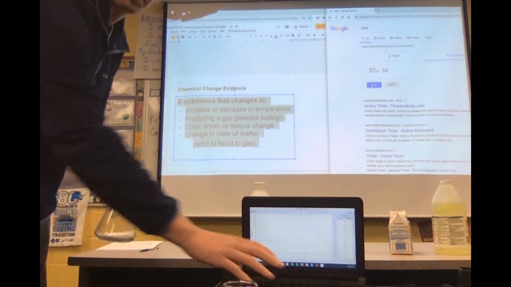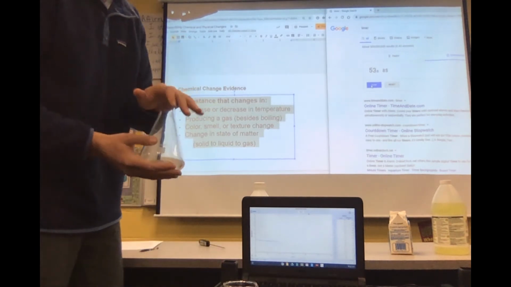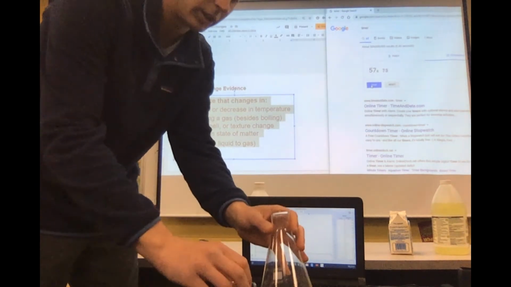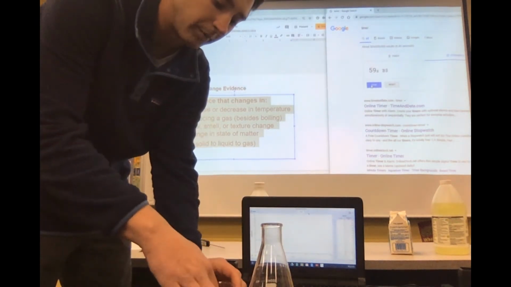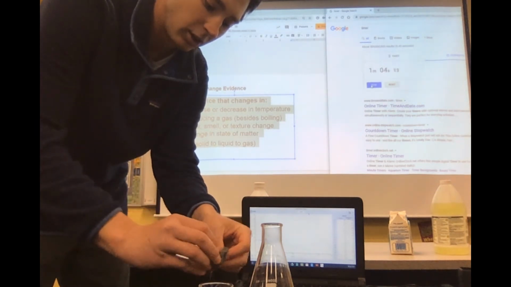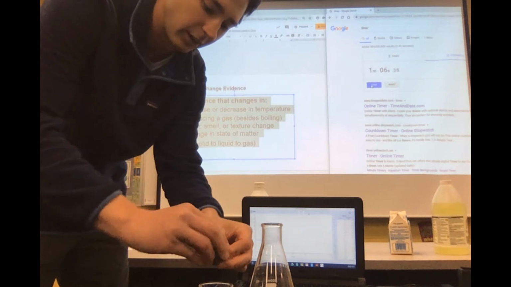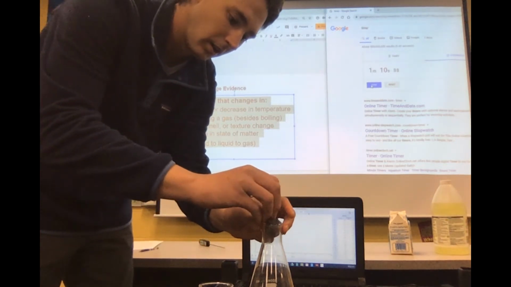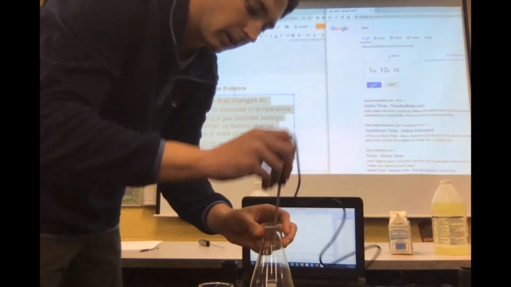We have about 15 seconds left, and I'm going to pull it out. Start collecting the temperature data in my Erlenmeyer flask. 4, 3, 2, and 1. Step 3 just says wring out the vinegar. Put that right there.